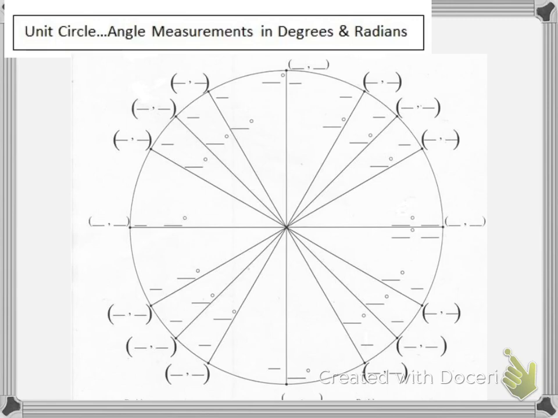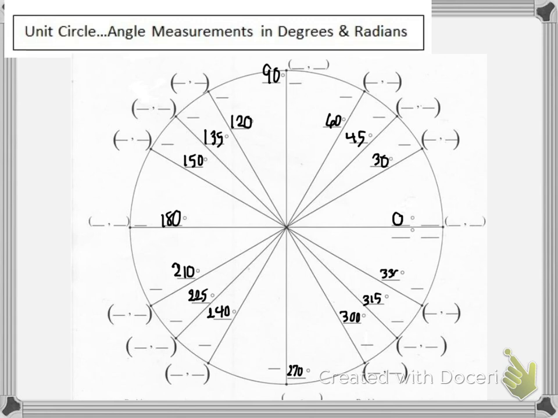I'm just going to do all one color so I can do it quickly. 0, big gap, add 30, little gap, add 15, little gap, add 15, oops, I'm sorry, that's 45, add 15, big gap, add 30, big gap, add 30, little gap, add 15, little gap, add 15, big gap, add 30, and so on around the circle, alternating big gaps of 30 and little gaps of 15.